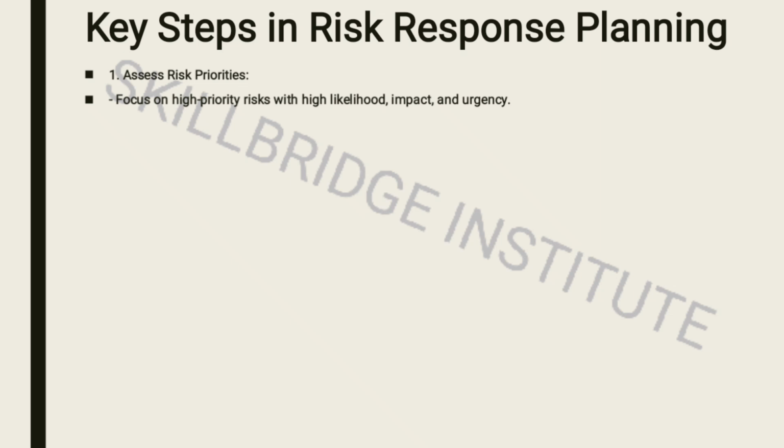Of all the risks on your list, you should find out which risk has a high likelihood of occurring and, once it occurs, will have a huge impact. Those ones we need to deal with urgently. You need to give a quick response to those risks.